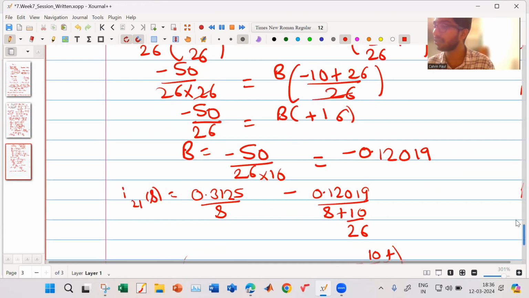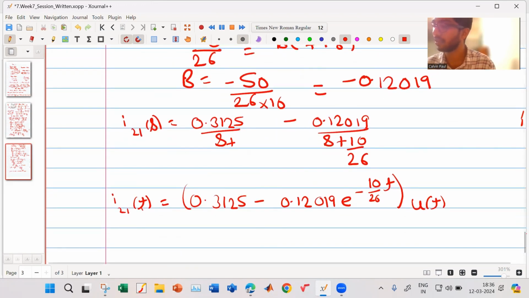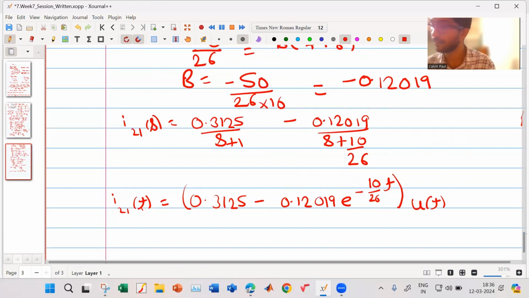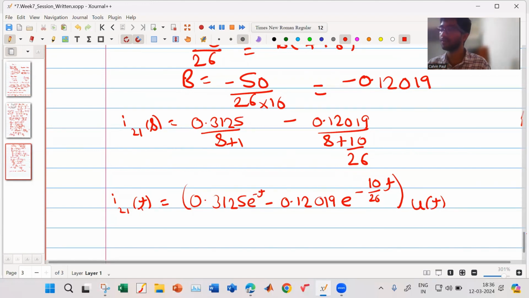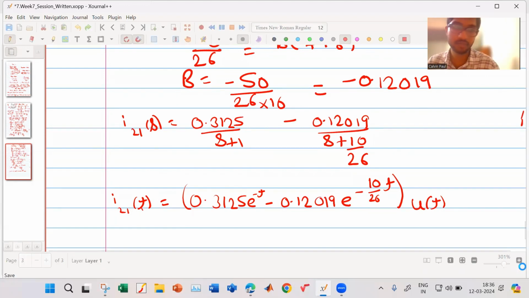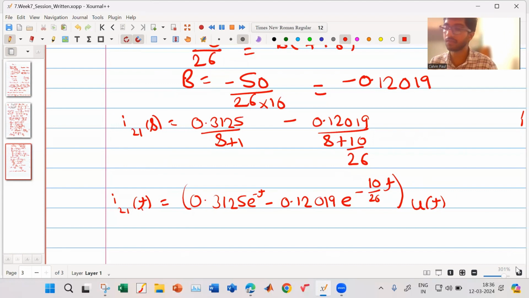So this will be e power minus t, that is 0.3125 into e to the power minus t. Okay. Any doubts in this? No, sir.